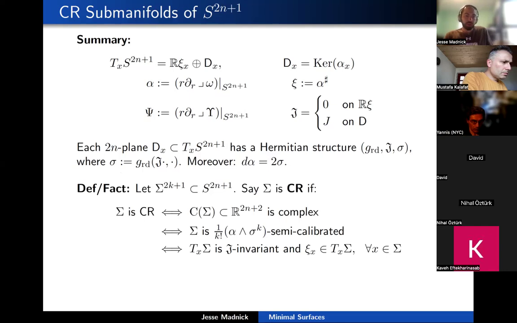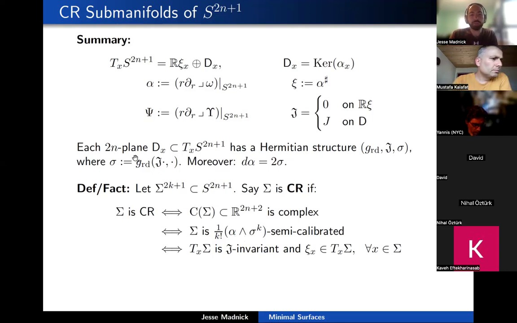So here's our first class of submanifolds of odd dimensional spheres. We'll say that an odd dimensional submanifold of an odd dimensional sphere is CR if its cone is complex. It's necessarily odd dimensional, and we say that it's CR if its cone is complex. It turns out that such submanifolds are semi-calibrated by a very particular semi-calibration, this one: 1 over k factorial times alpha wedge sigma to the power k.